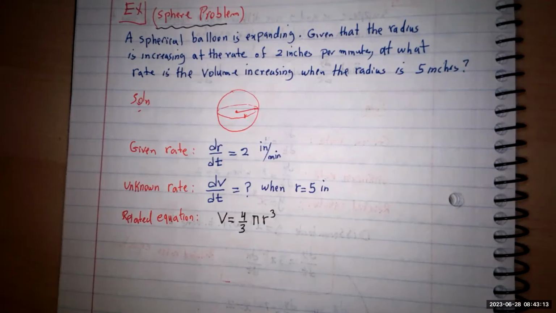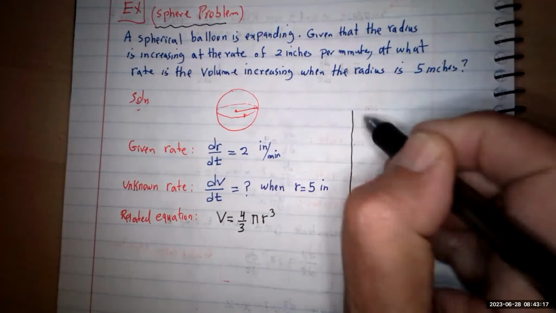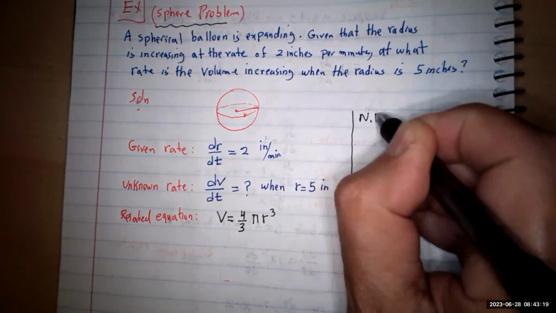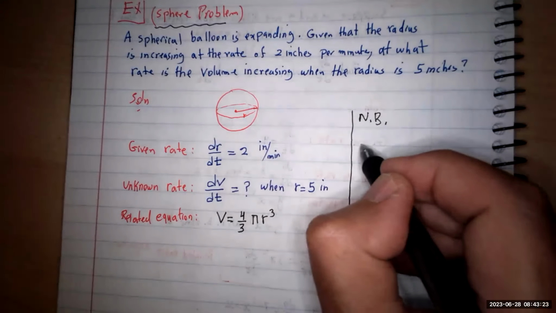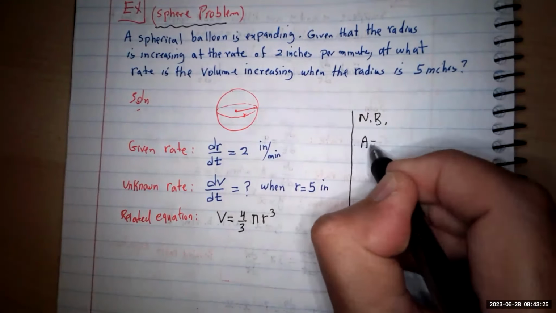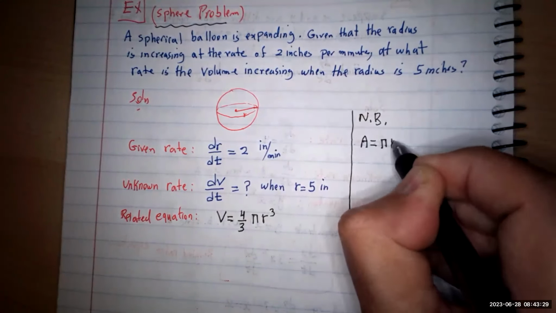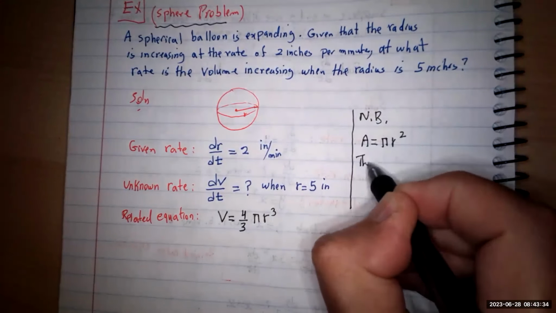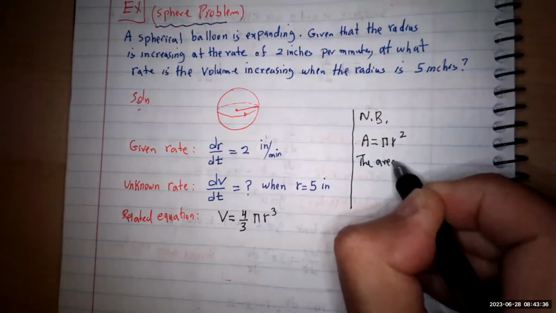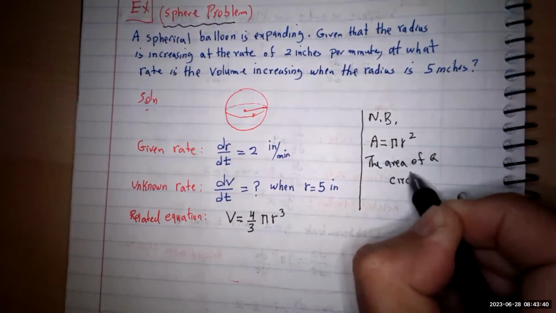So make a note for yourself, keep it. Area of a circle. Remember, the area of a circle is pi r squared. That's a very popular problem.